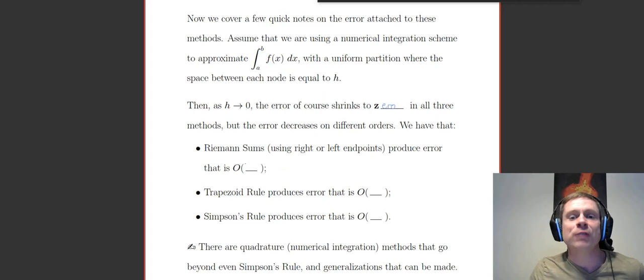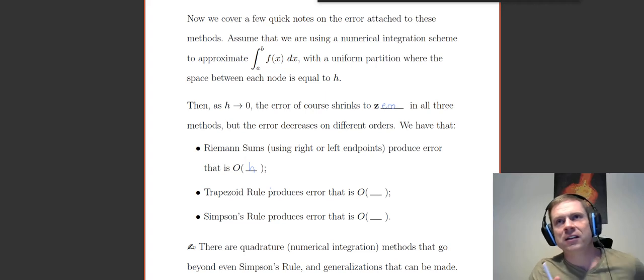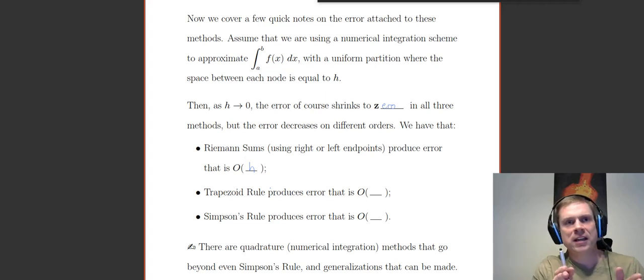You can find that Riemann sums produce a linear error. So big O of h, as in if I decrease the step size, the error associated with doing a left or right Riemann sum decreases linearly, so by some multiple of that h typically.